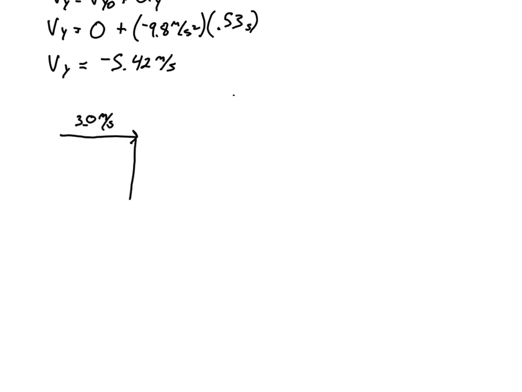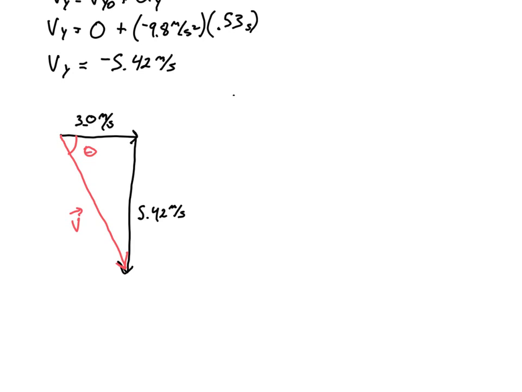From there we have 5.42 meters per second in the negative y direction. And we're going to look for the overall velocity in red here, v, and we'll need to define this angle theta when we do that.